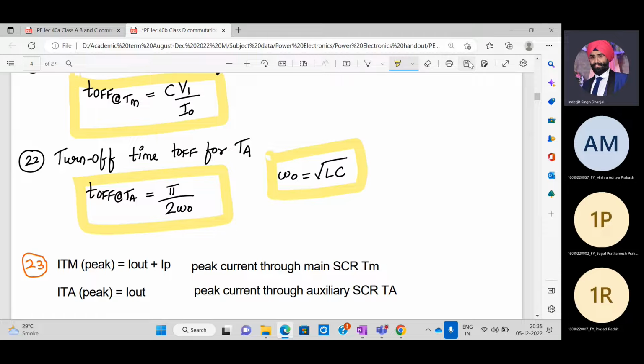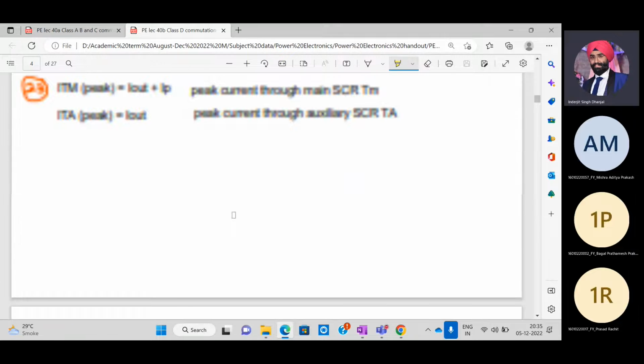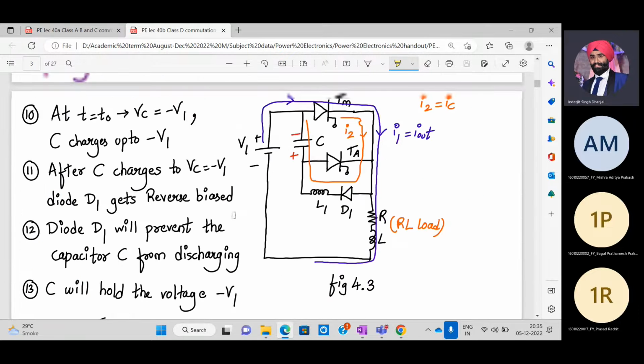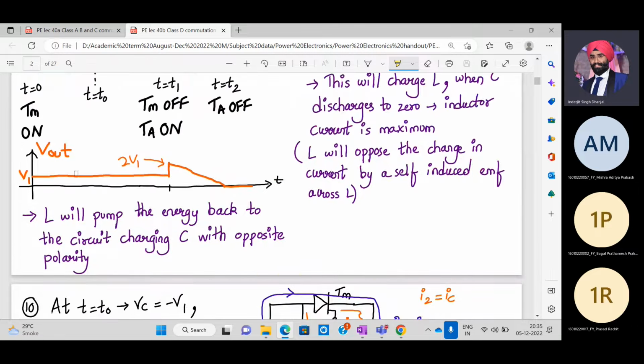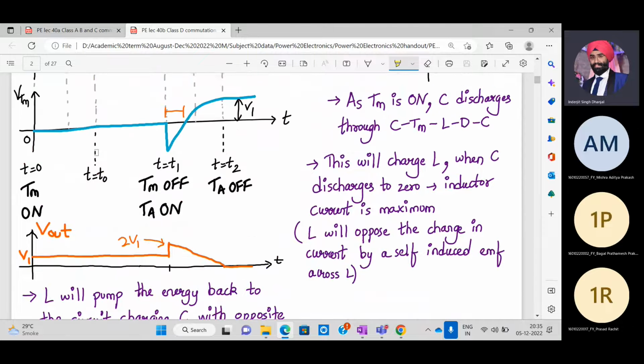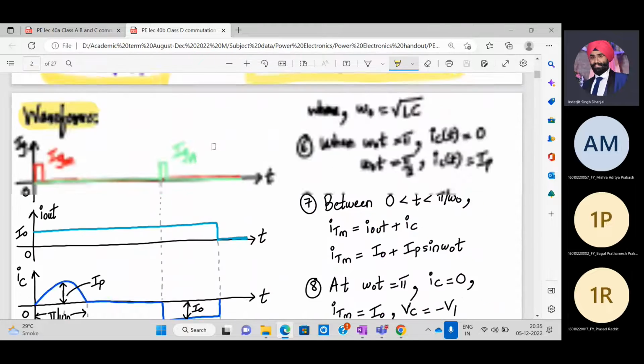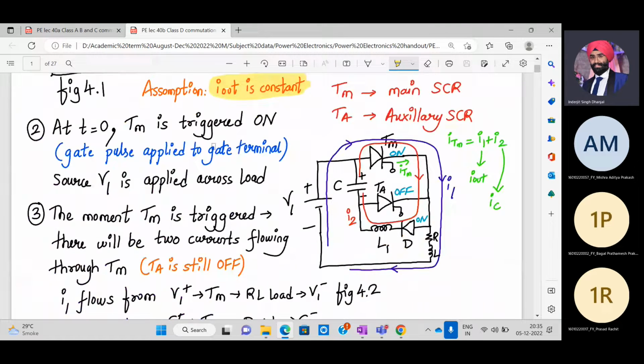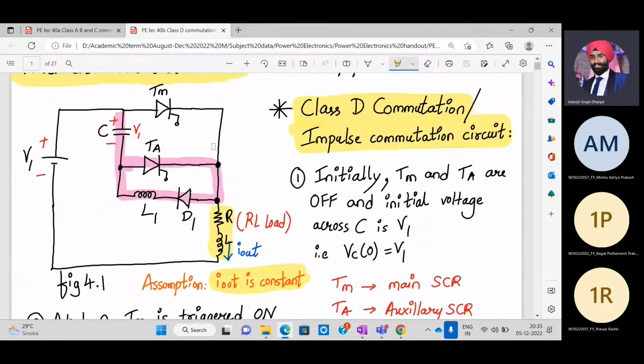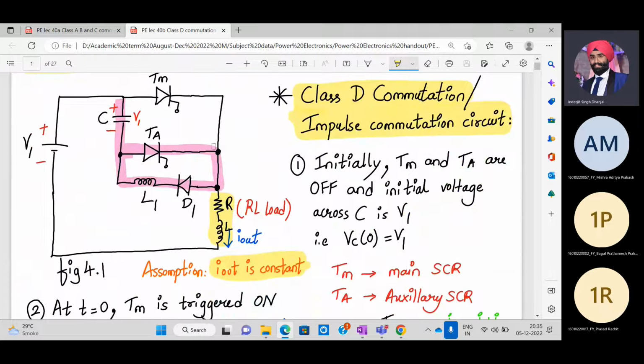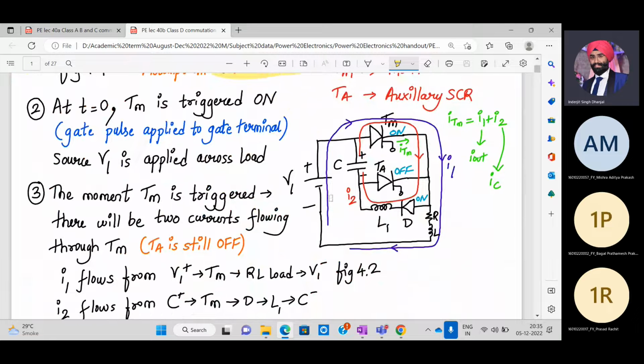All right. There is one waveform which I haven't explained, which is this V out. So what is the V out value? The V out value is equal to V1. Why is it equal to V1? Whenever the main SCR is on, do you see this I1 current flowing through the load?